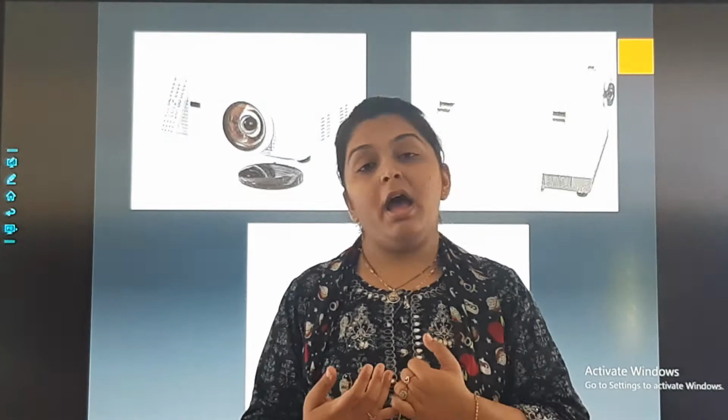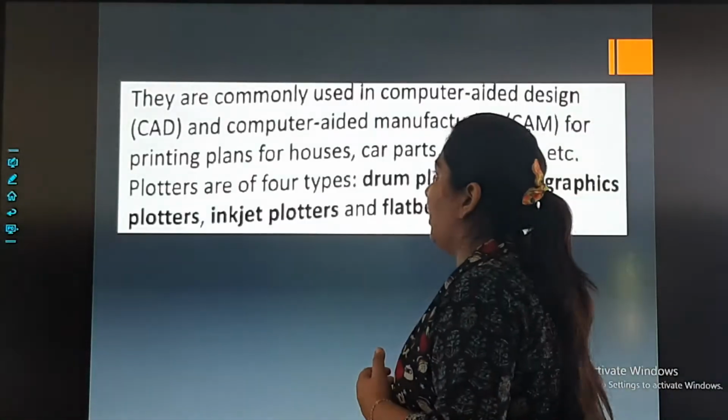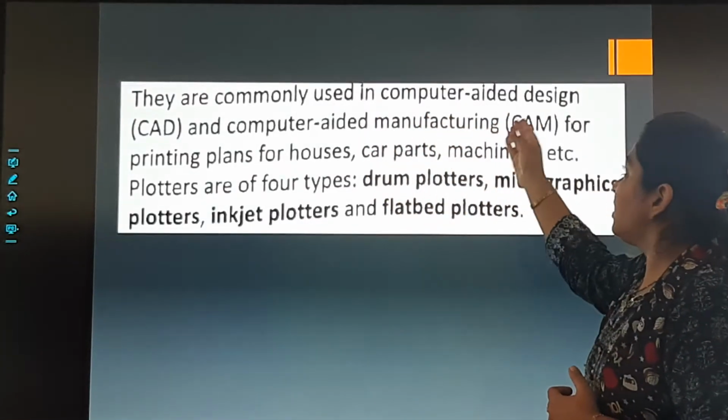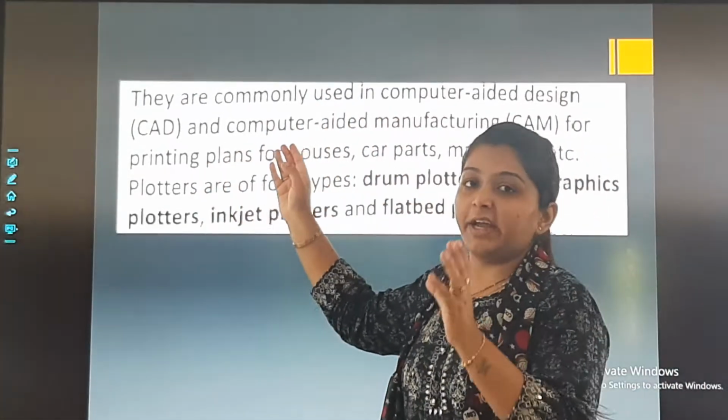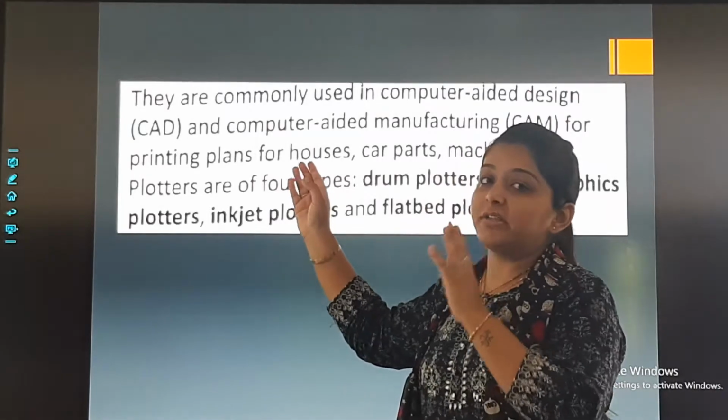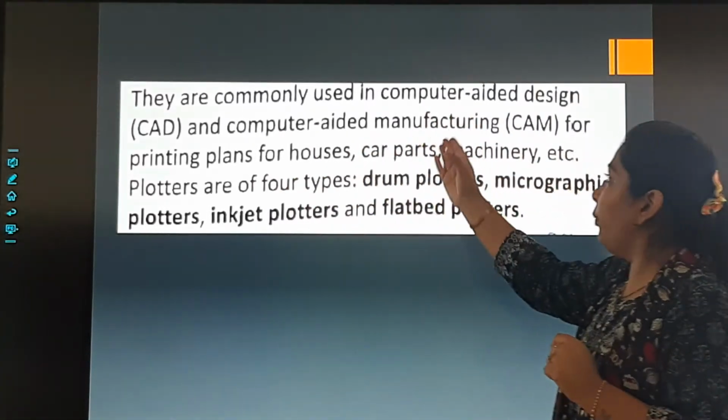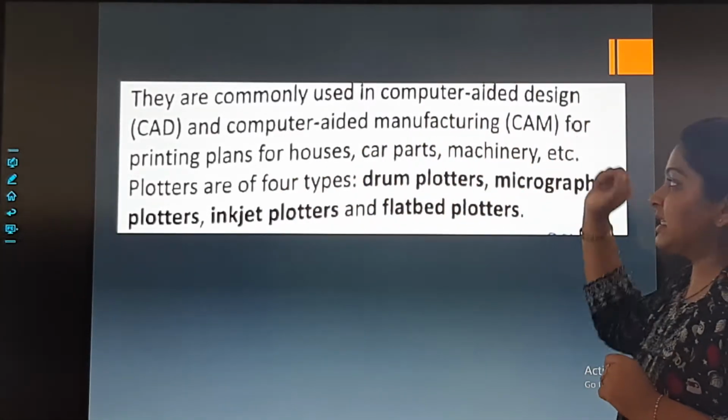We can get the color printout, and these types of output devices are used by interior designers, graphic designers and others. They are commonly used in computer aided design, that is CAD. It is a type of design software. And computer aided manufacturing, that is CAM.